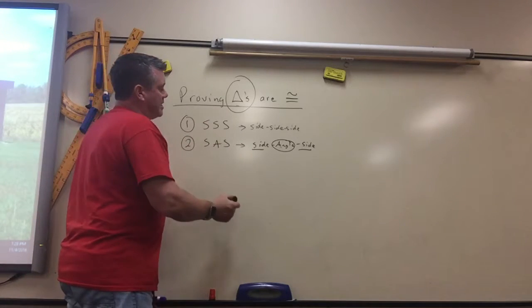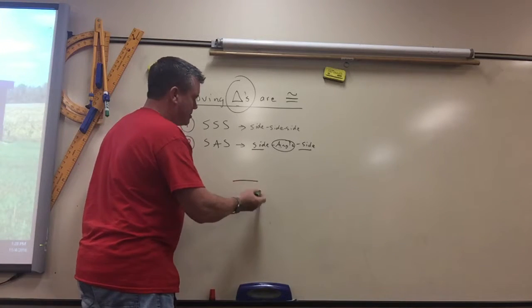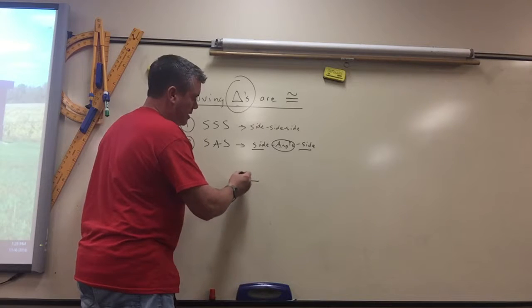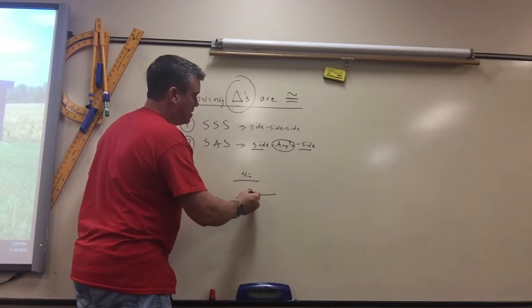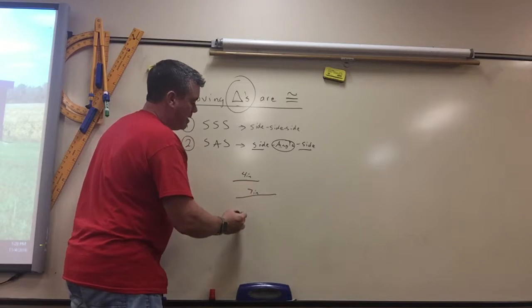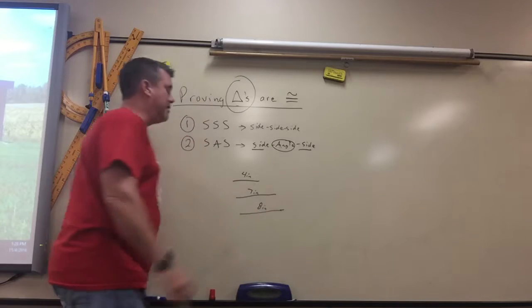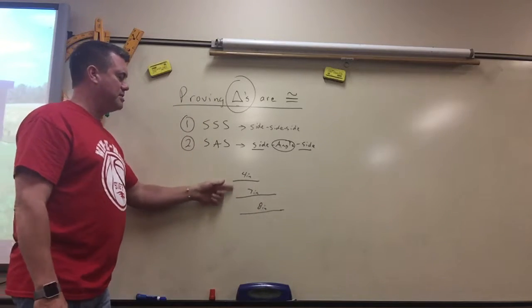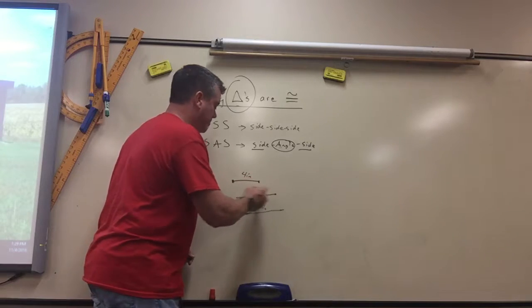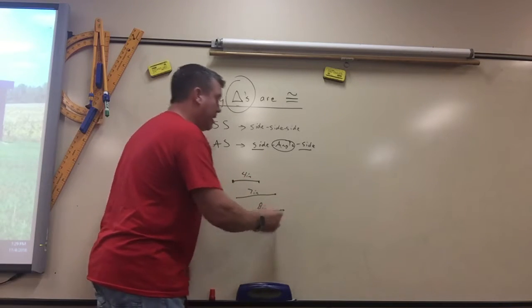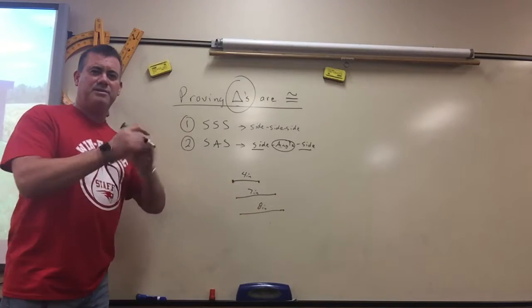The reason why side, side, side works is if you had a 4-inch piece of wood and a 7-inch piece of wood and an 8-inch piece of wood. If everyone had these 3 pieces and you could tape them together by the ends, or just connect them, no matter how you connected these, all the triangles would end up exactly the same.